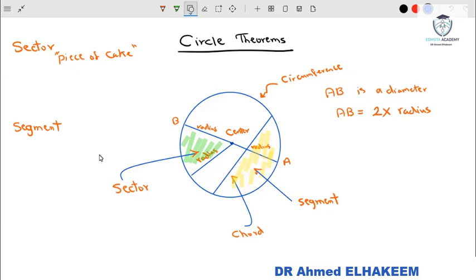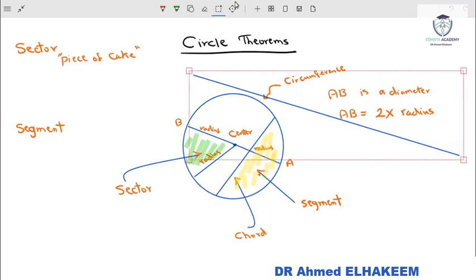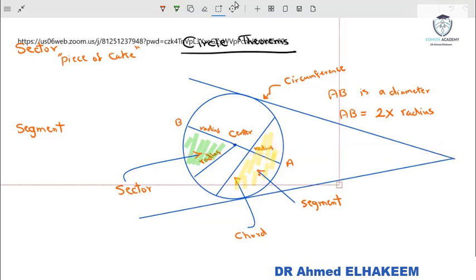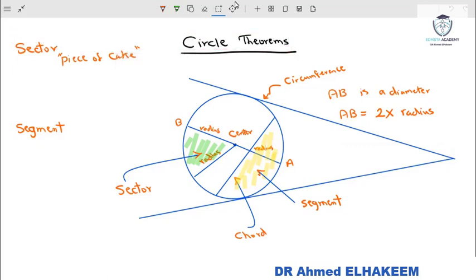If I draw a line like that, and I drew another line like that, what are these called?